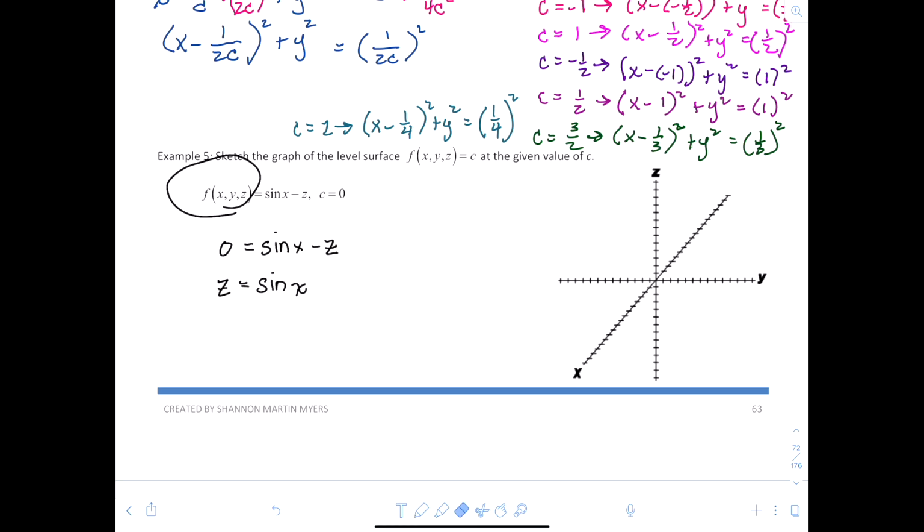Cool so far? So again, that means that the y-axis can vary. And so this is what we would have.